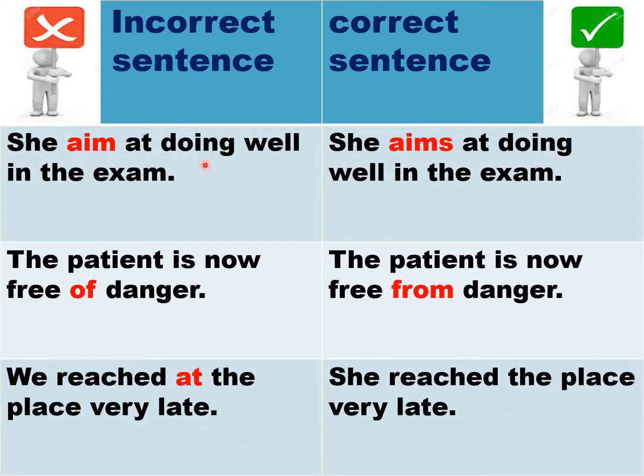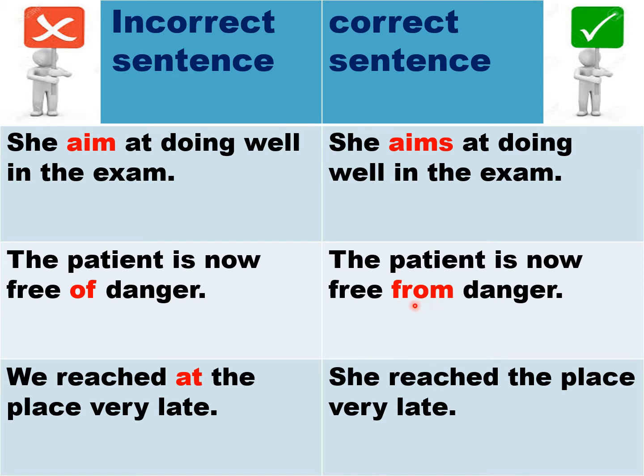She aimed at doing well in the exam. She is singular, so we must use singular verb. Aim is plural verb. Aims is singular verb. So, she aims at doing well in the exam is correct. The patient is now free of danger. When we see this free of danger, from must come to our mind.